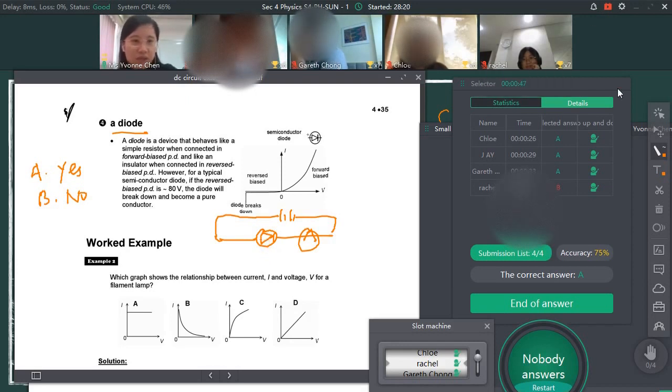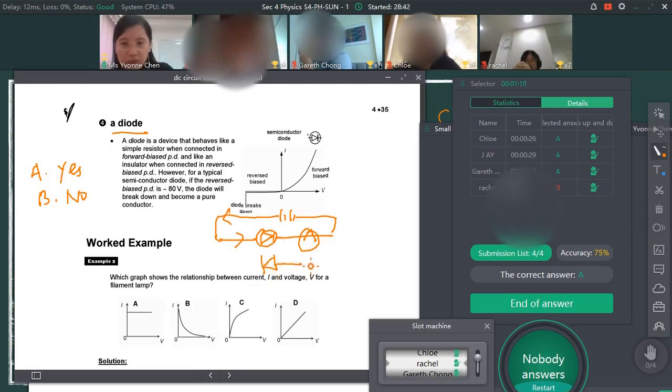Let me go through. So basically the current will flow, there will be current. However, if I connect the diode the other way, if I connect the diode in this way, then at the ammeter there's no current, because the current can only flow in this direction. You can see there's a positive sign, right?